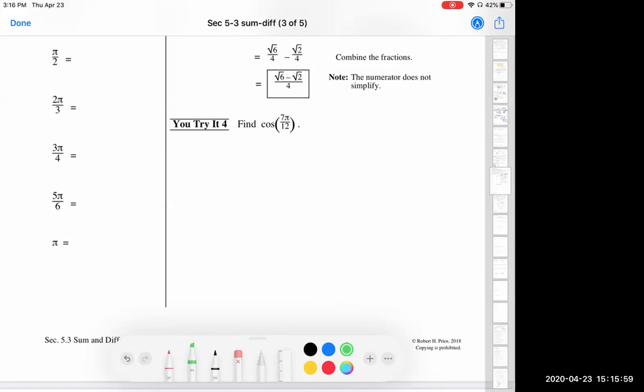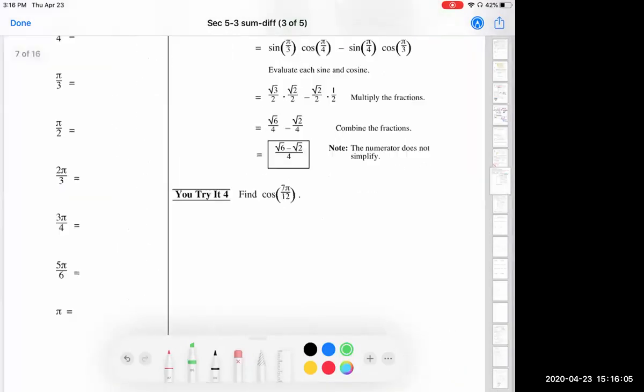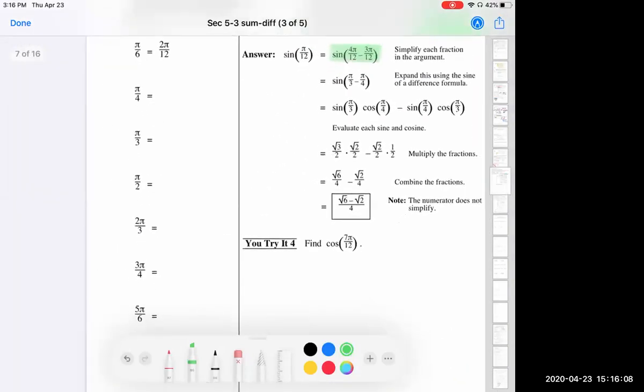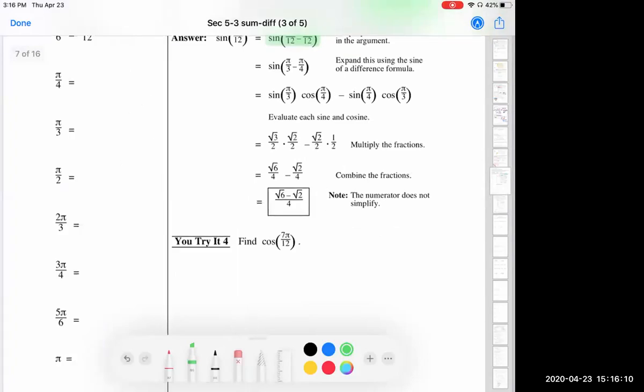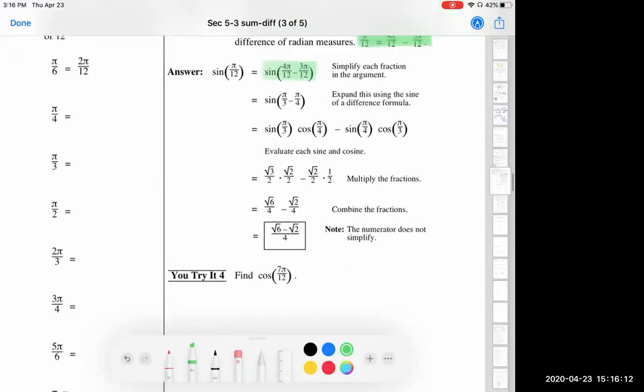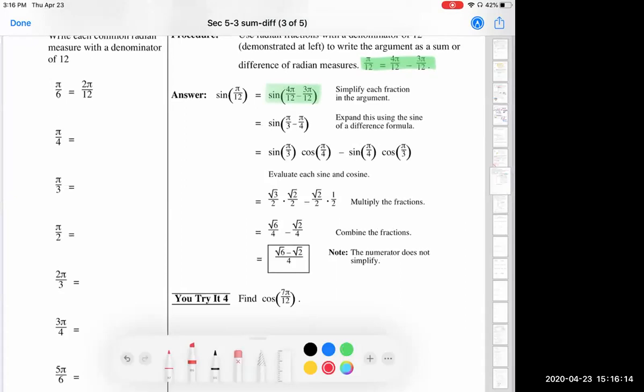Okay, so we have cosine of 7 pi over 12. How can we get 7 pi over 12? Well, maybe it'll be worthwhile doing this chart on the side. So let's go ahead and do this chart on the side. Let's change them all to a denominator of 12. So we multiply this by 3 over 3. That'll give us 3 pi over 12. We multiply it by 4 over 4.